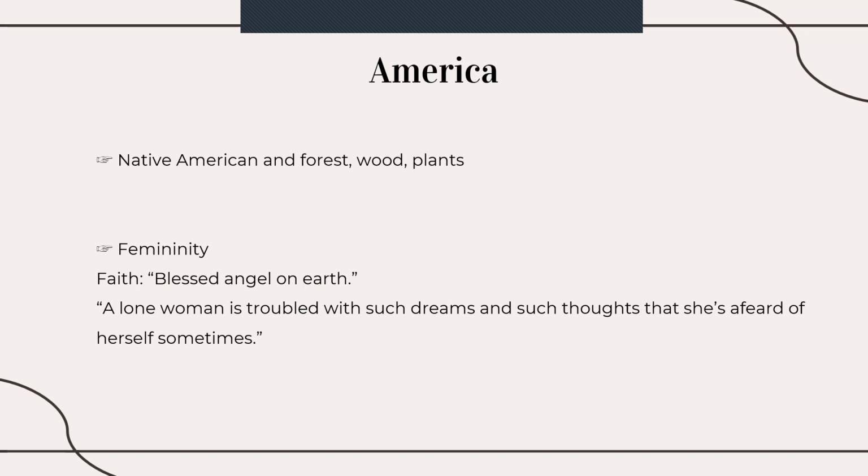Brown calls her a blessed angel on earth, and Brown thinks that she is troubled with dreams and thoughts. So Faith is a kind of idealized figure of a woman, the pure woman who embodies the Christian faith, right? So she must stay inside the house while Brown must go outside.